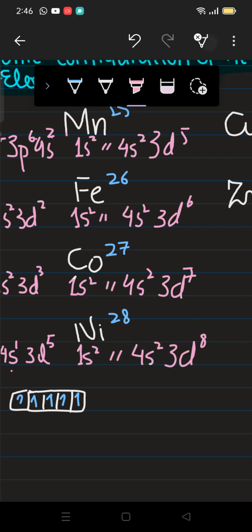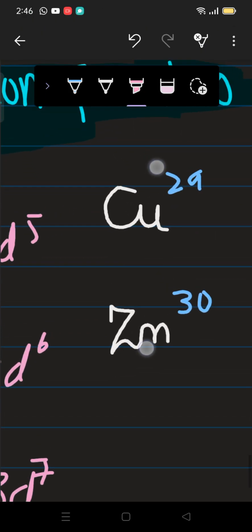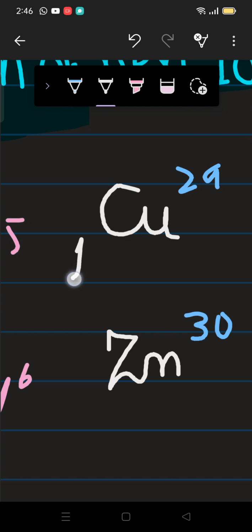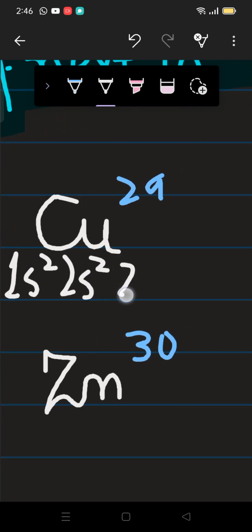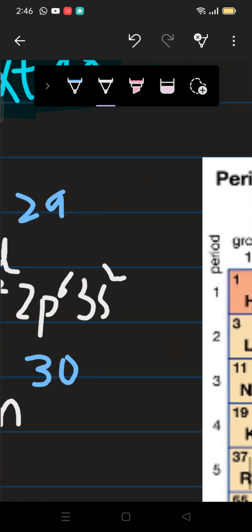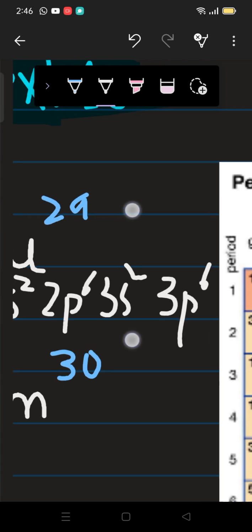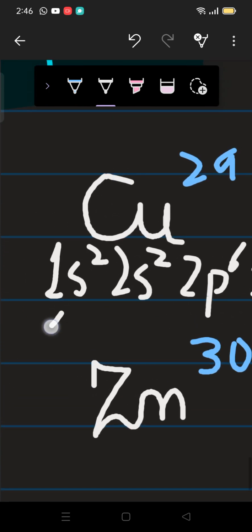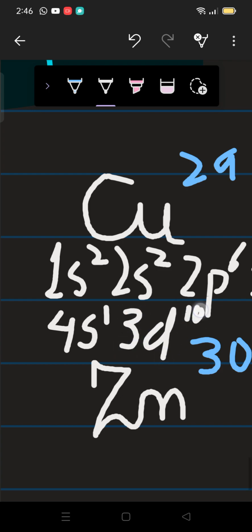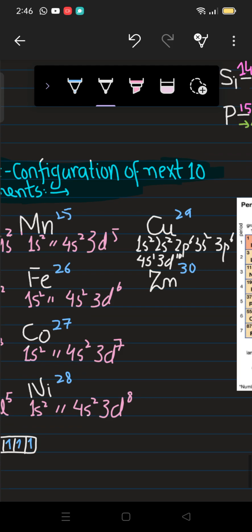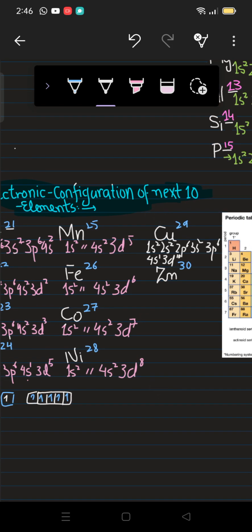Now we have again one exception in copper, right? 1s2, 2s2, 2p6, 3s2, 3p6, 4s1 and 3d10. Because we should fill the d orbital first.